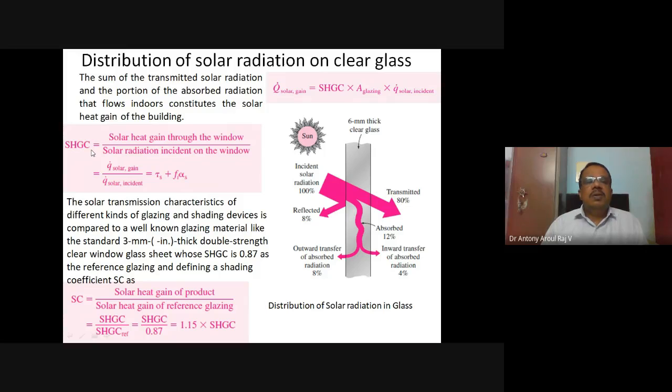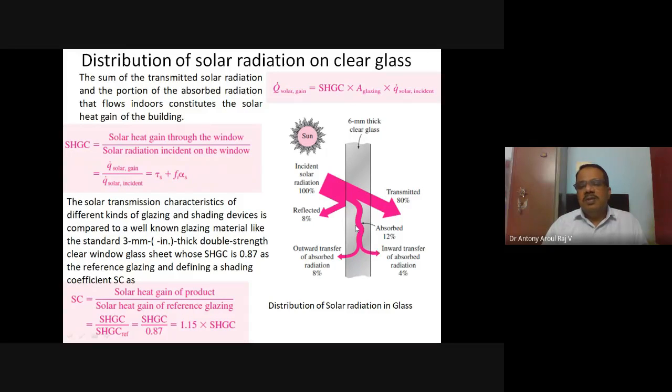What does that mean? The solar heat gain inside the building divided by the total incident radiation. So what are the radiations entering into the room? The part which is transmitted and the part which enters the room because of heat transfer.